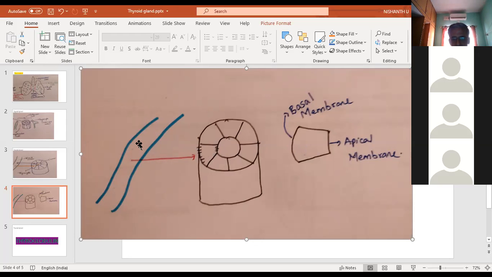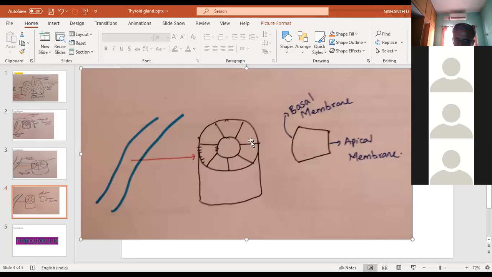Now, the question is why I am stressing these two membranes here. These two membranes are different, even though it is a single cell. That means this thyrocyte, or cuboidal epithelium, has been designed in such a way that this side of the membrane is different from this side of the membrane. The basal membrane is entirely different, and the apical membrane's property is different.